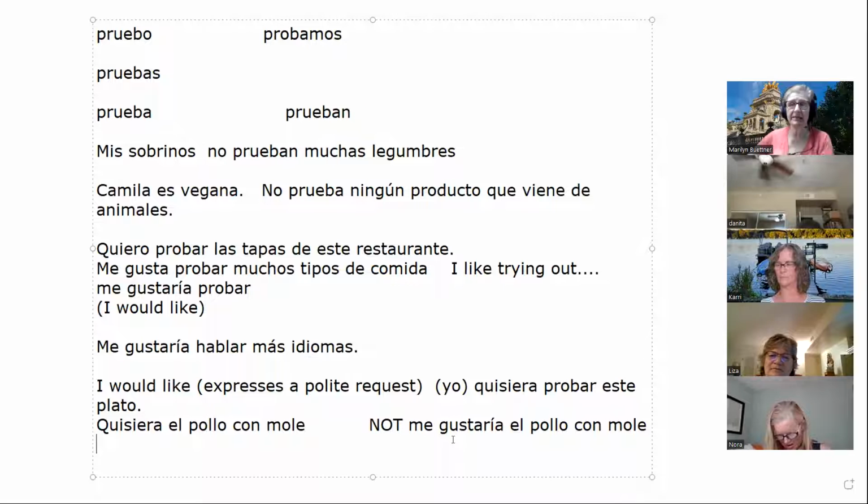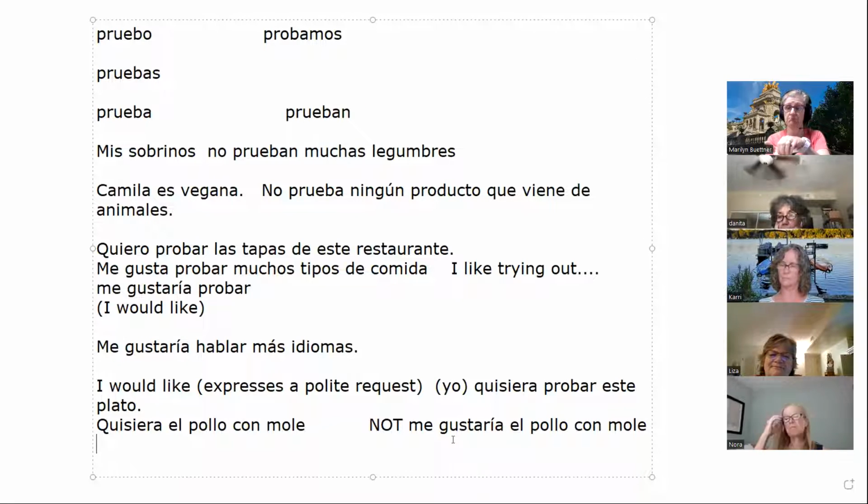Me gustaría pintar las paredes en la casa. Sí, me gustaría adoptar un perrito. I would like to adopt a little dog. You haven't done it yet. You don't do it every day. You would like to if you had the chance. That's me gustaría.